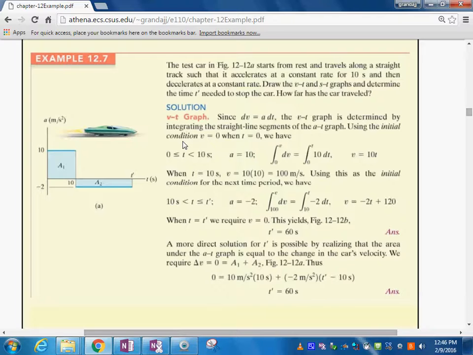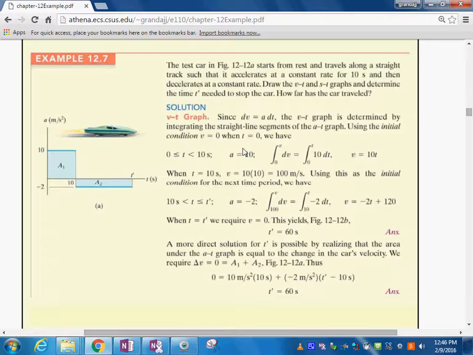In the graph, if you have a velocity and time diagram, since dv is the acceleration times dt, then the velocity time diagram could be determined by integrating the straight line segments of the acceleration graph using the initial condition s is 0 when t is equal to 0.